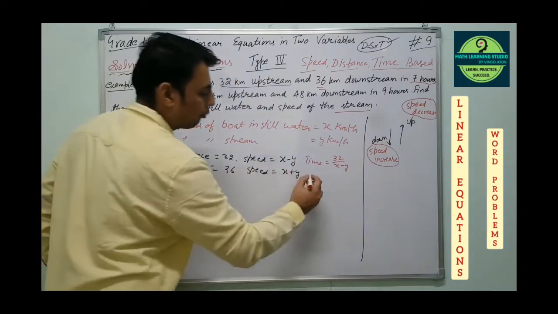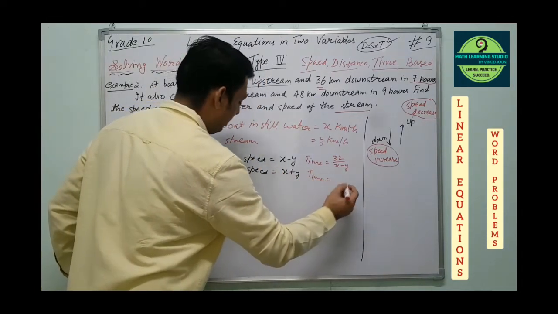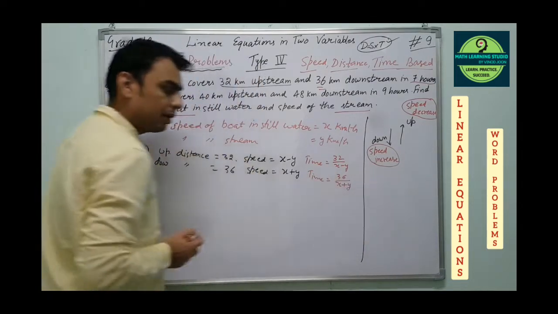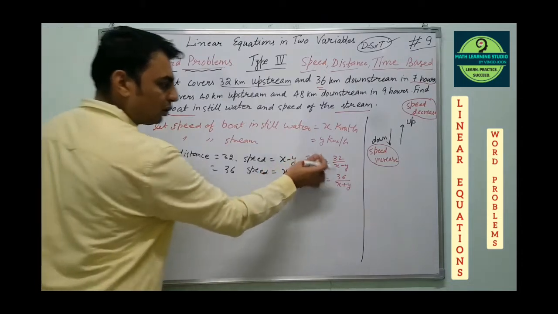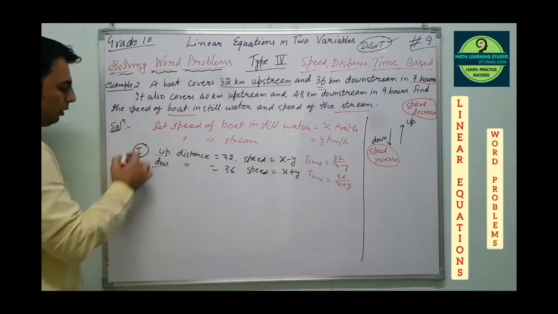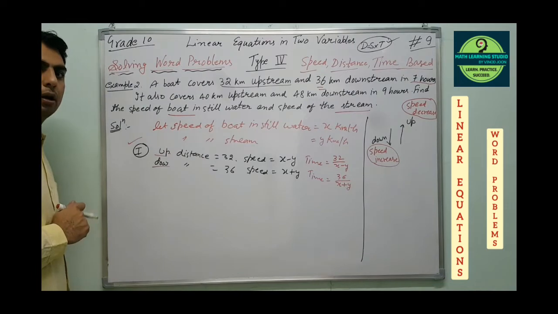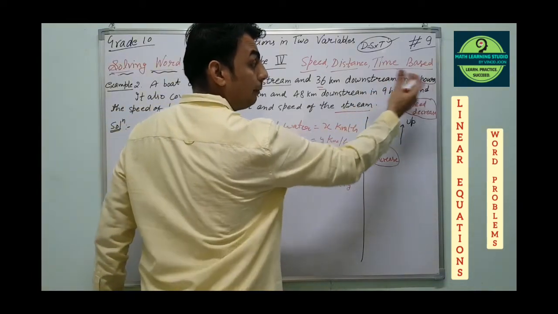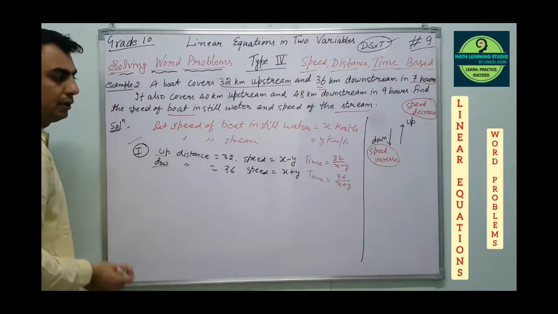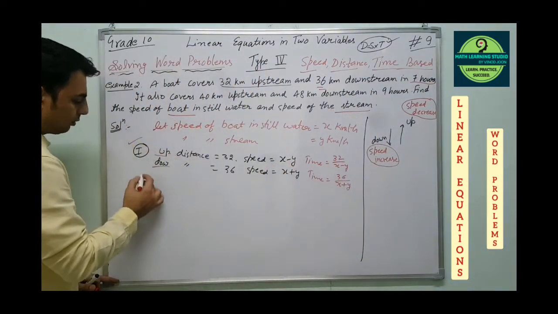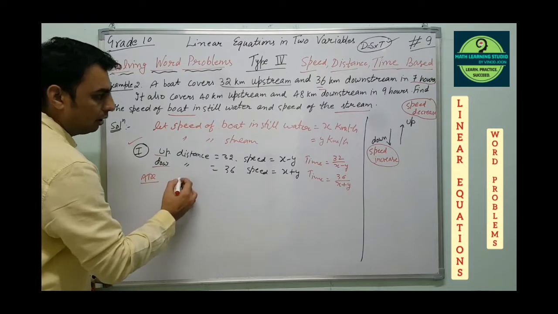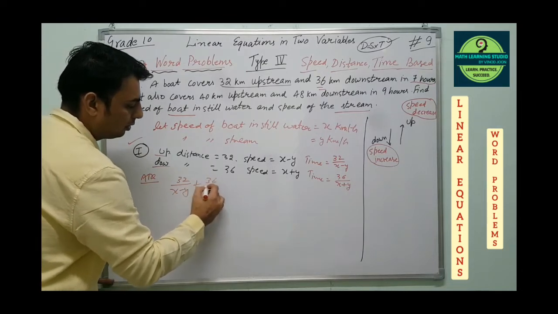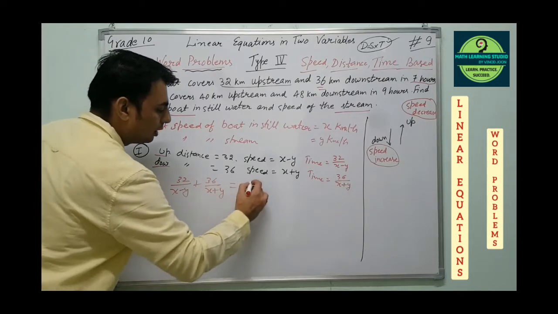And the second time for down will be 36 divided by x plus y. Got it? So we got 2 times for up and down in case 1. We know that the total time is 7 hours. It means these 2 times added together, according to the question, should give you 7.